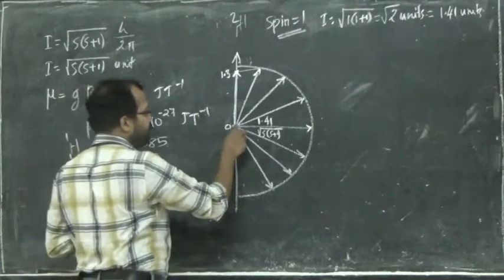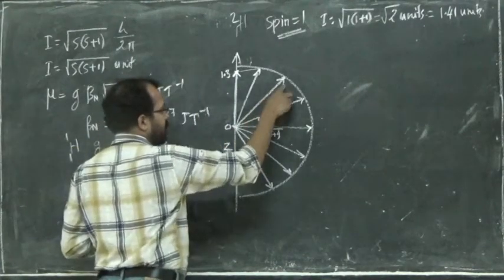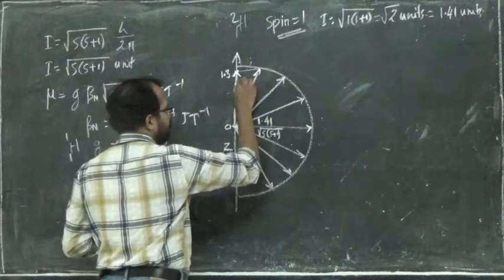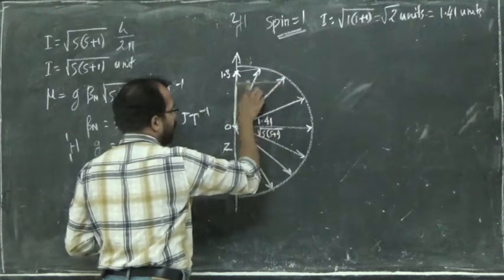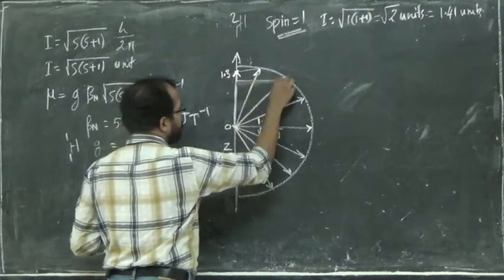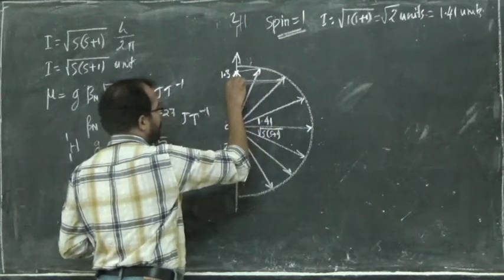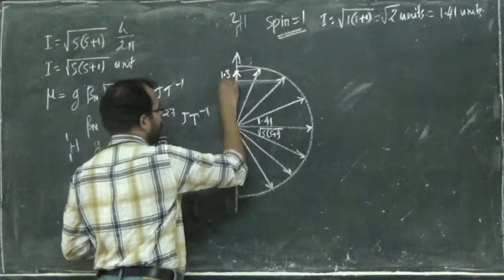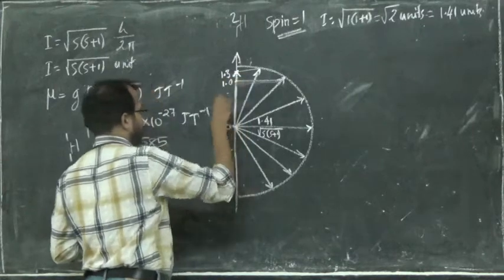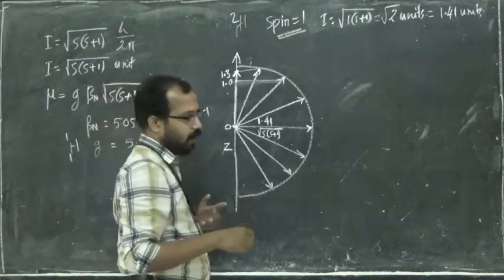When I take the component of the second one, I draw the perpendicular and it meets here, and the value of that is 1, it meets at 1.